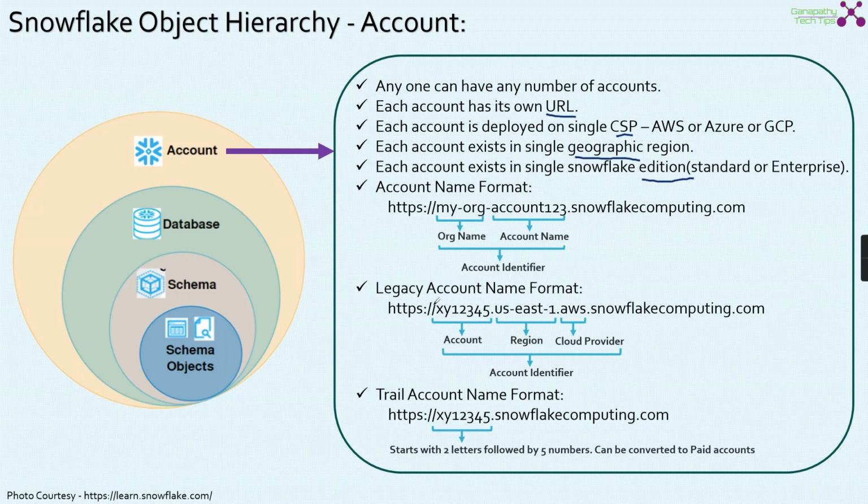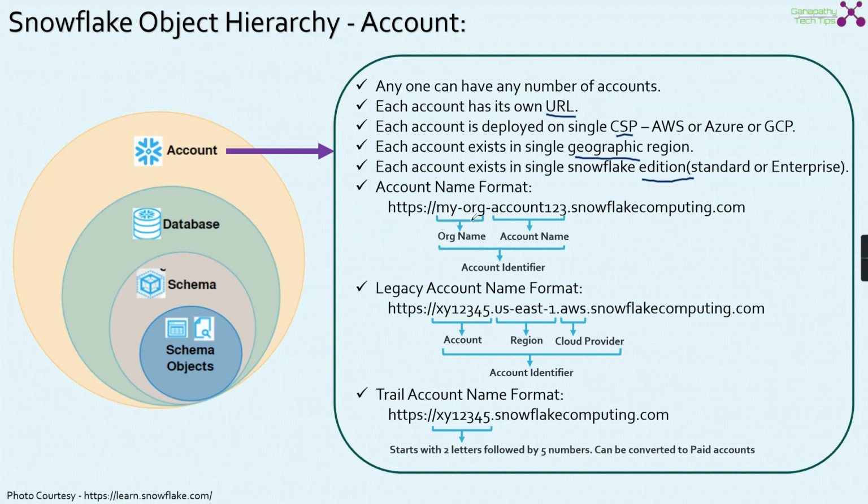Earlier, we had the legacy way by which the account name format was represented. The legacy one is something like this: account followed by region followed by cloud provider. All these things are combined together and represented as the account identifier. So this is also prevalent now, but this is the legacy way of representing it.